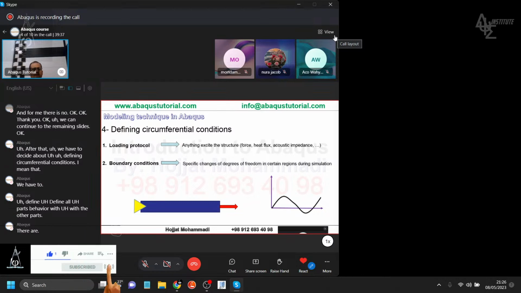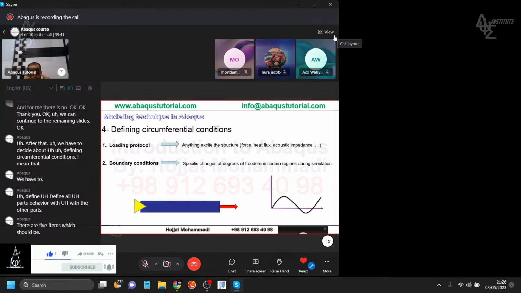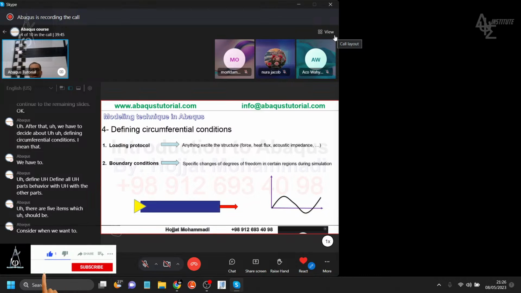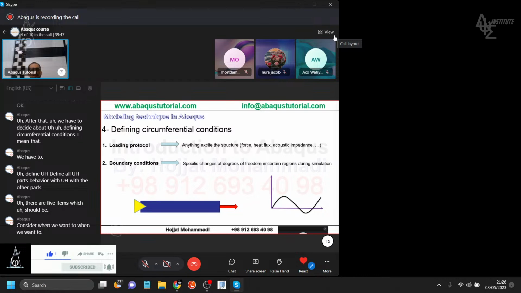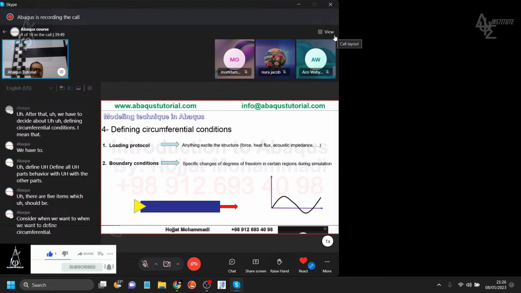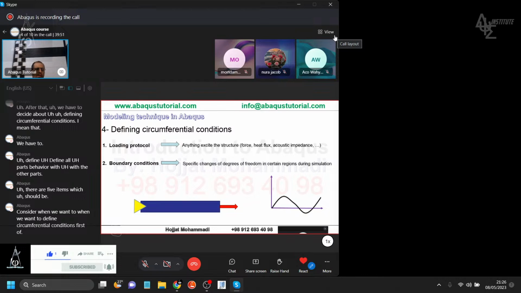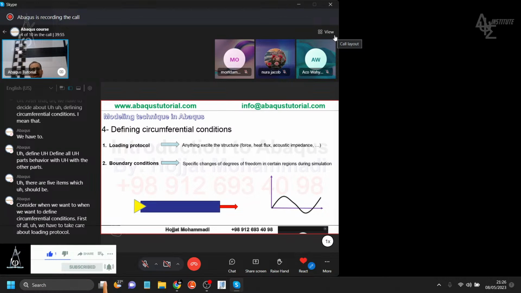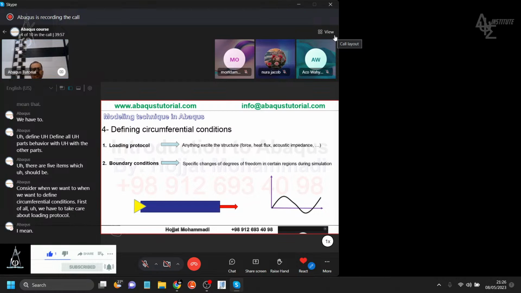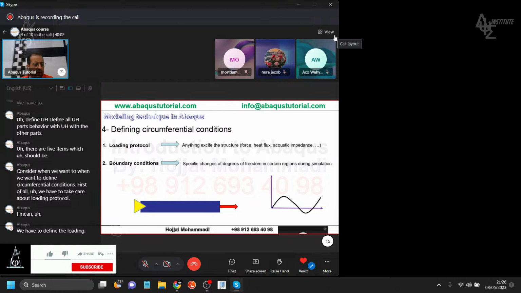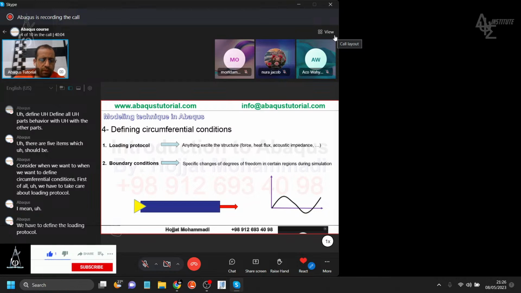There are 5 items which should be considered when we want to define circumferential conditions. First of all, we have to take care about the loading protocol. We have to define the loading protocol as well as possible.